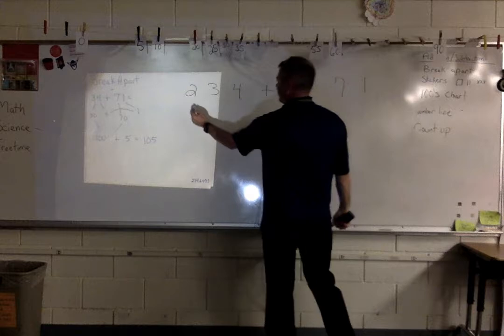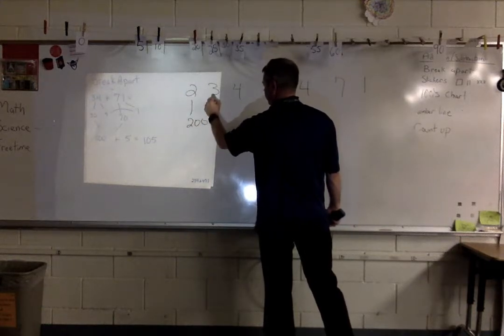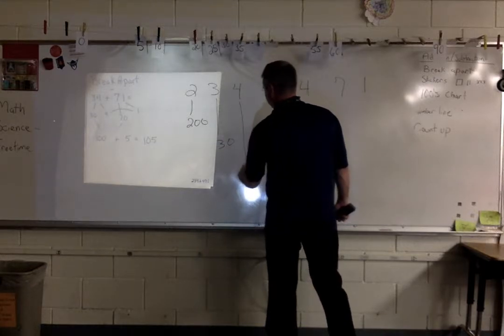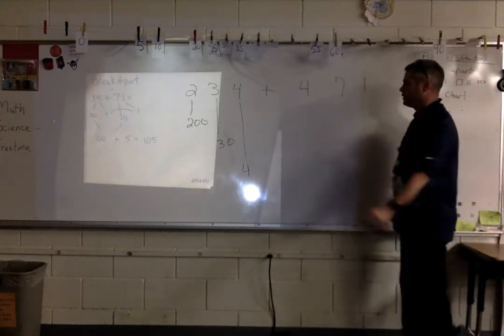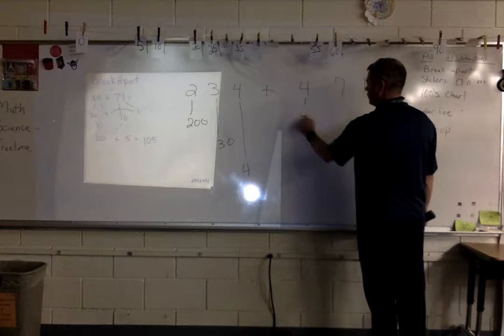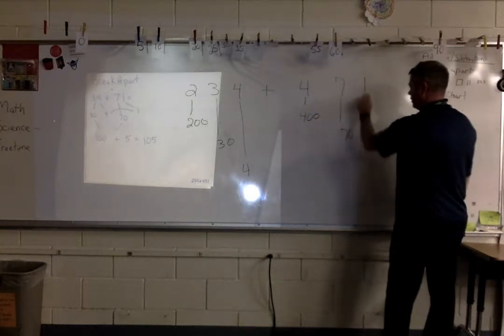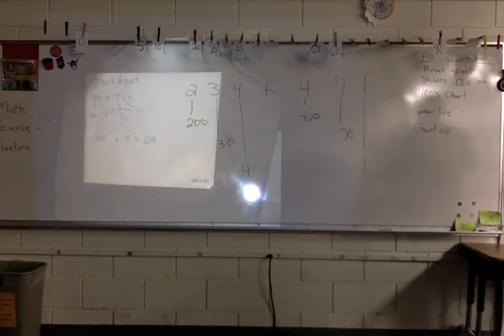Okay, so break it apart. So we don't confuse ourselves, right? Then I'm going to do the same thing here. It's very important to not confuse yourself when you're doing things like this.